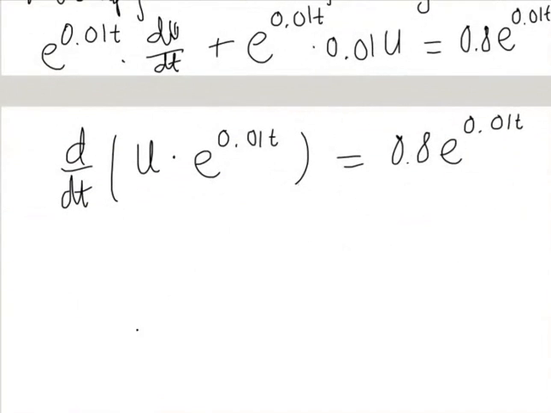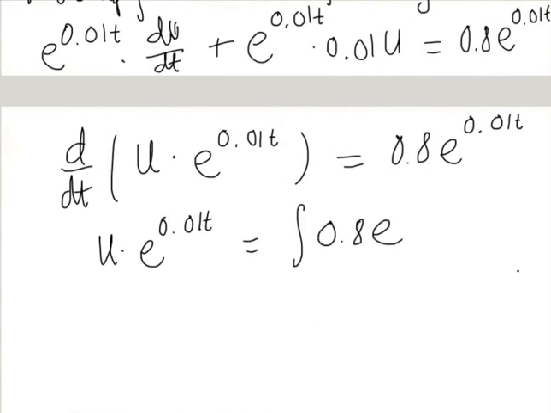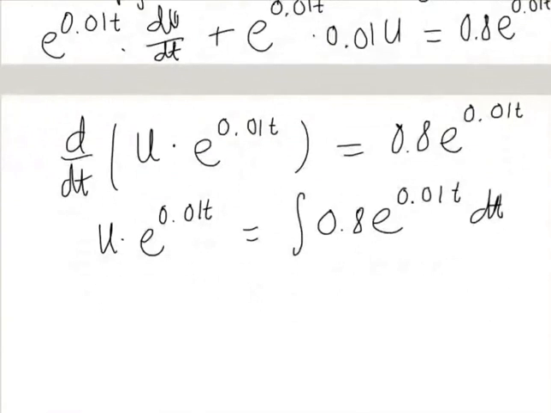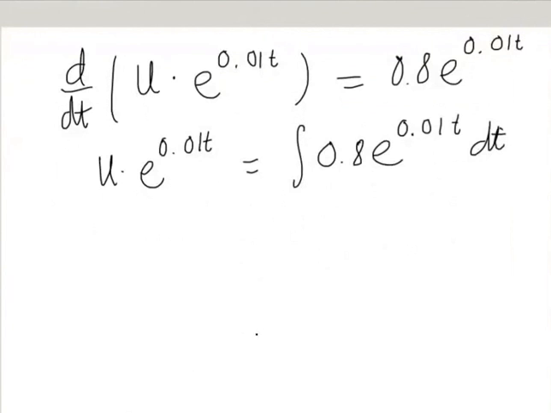Now we integrate. We have u e to the 0.01 t is the integral of 0.8 e to the 0.01 t dt. Right, so how do we get the integral? 0.8 is a constant.